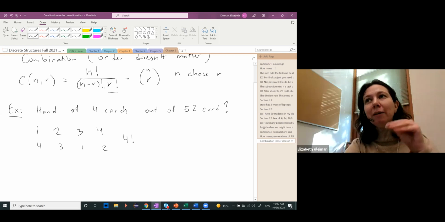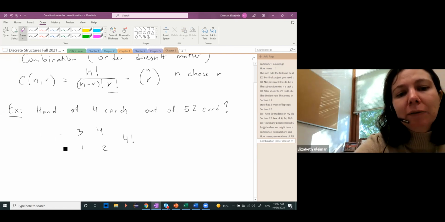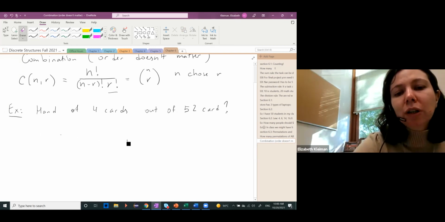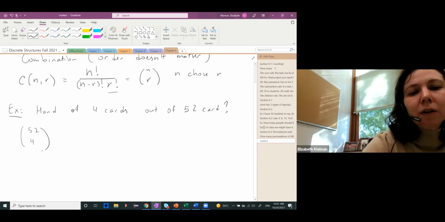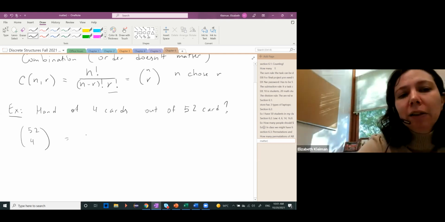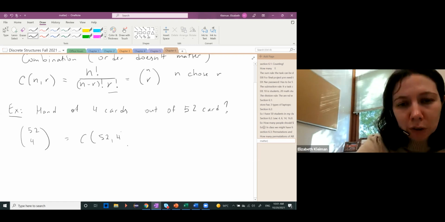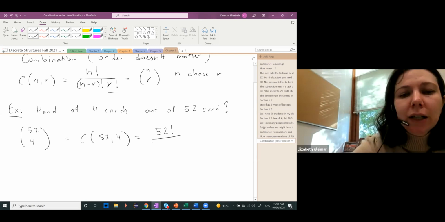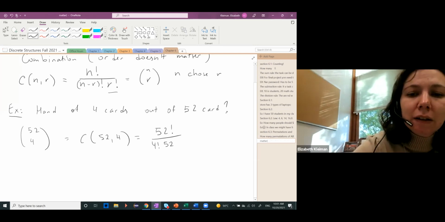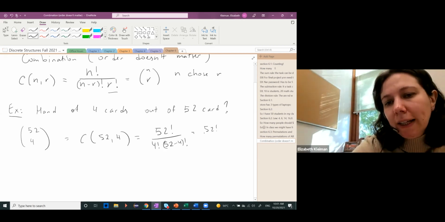So this is where my r factorial comes from. It says, I do not care about all of those different permutations. They will give me the same hand. So in this case, what really matters is we are trying to choose 4 cards out of 52. And this is the answer. The other way to write it is 52 choose 4.